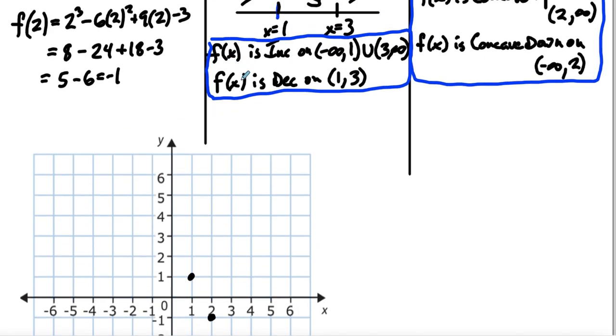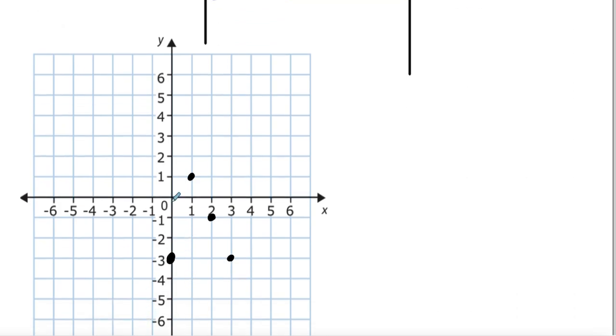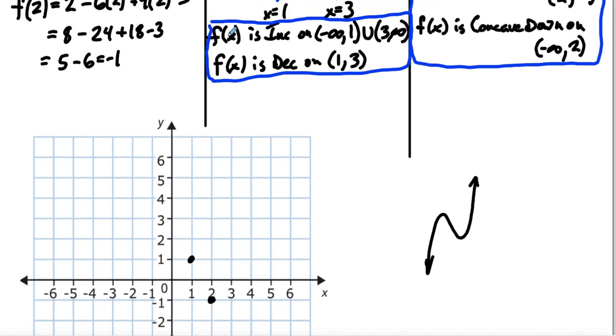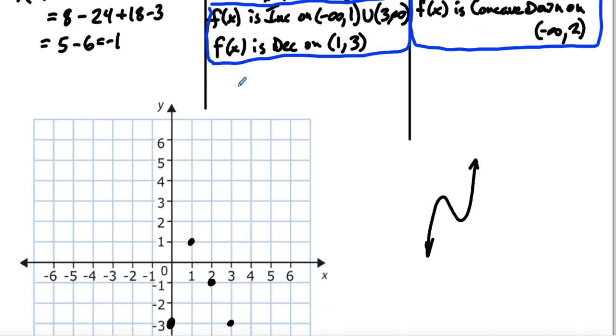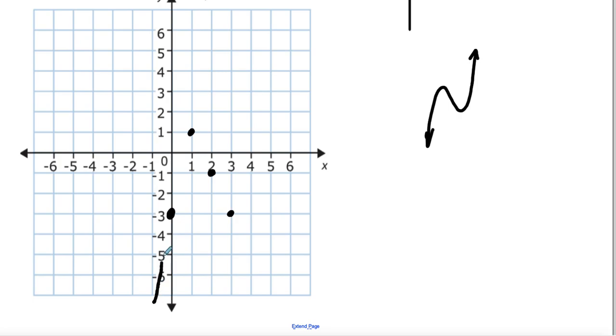Now, in order to figure out how this graph is going to move, well, if you know the shape of a cubic function, you can kind of get an idea here, right? But you can also look and see that it's increasing from negative infinity to 1, and then again from 3 to infinity, right? And then it's only decreasing from 1 to 3.